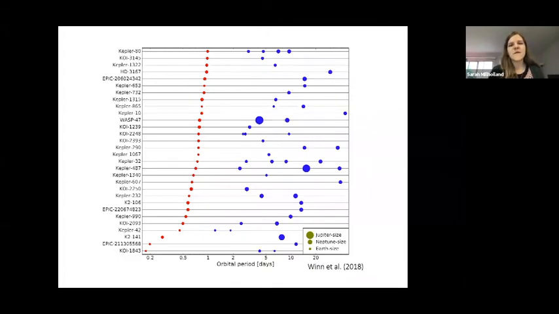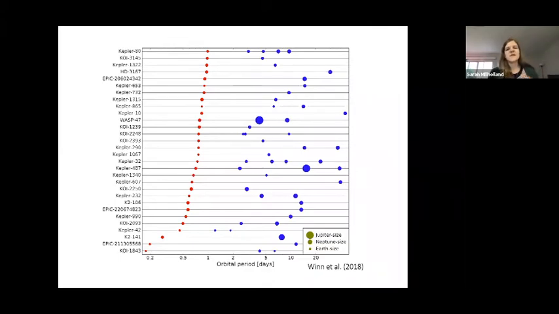So we also notice another really key feature of this distribution, and that is that the USPs tend to have larger period ratios with respect to their nearest neighbors, generally a lot larger than the typical period ratios we see among these close-in planets.